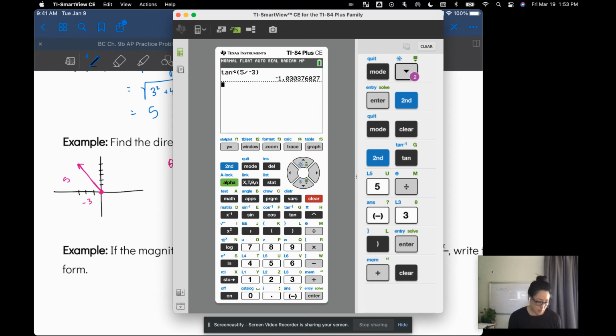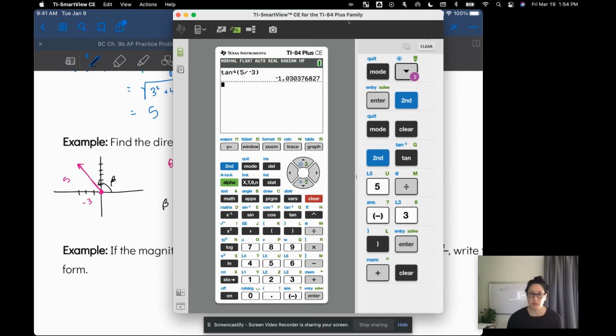So to get my angle, I'm just going to say that the angle here is equal to beta. So beta is equal to theta plus pi, which is -1.030 plus pi.